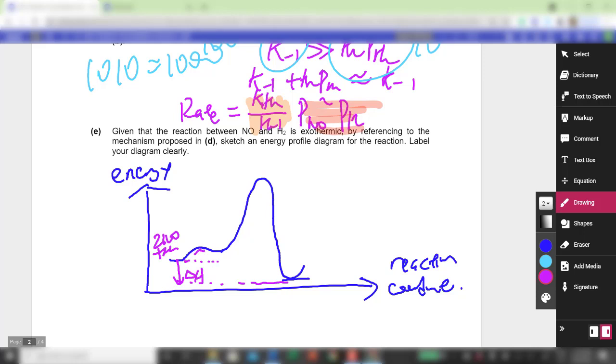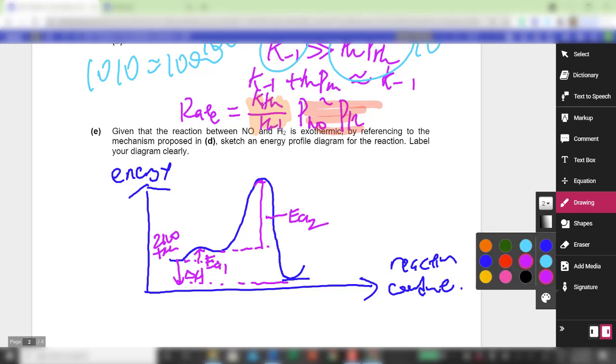The first one is EA1. The next one is EA2. We need to label the product as well. The product here is N2O plus H2O.